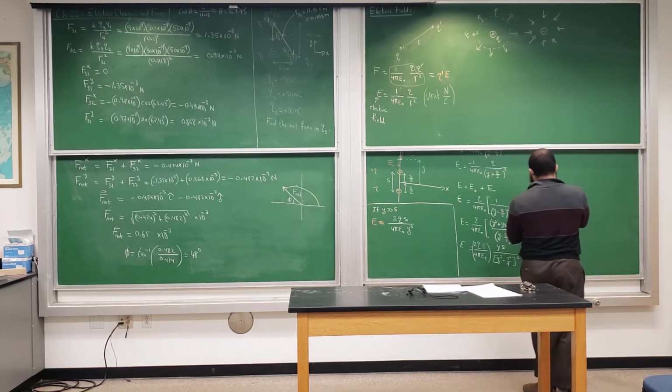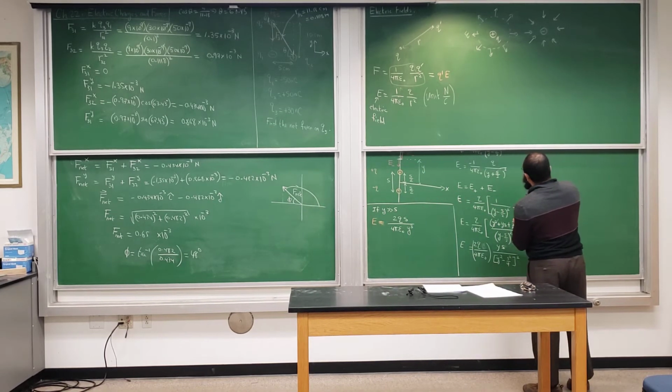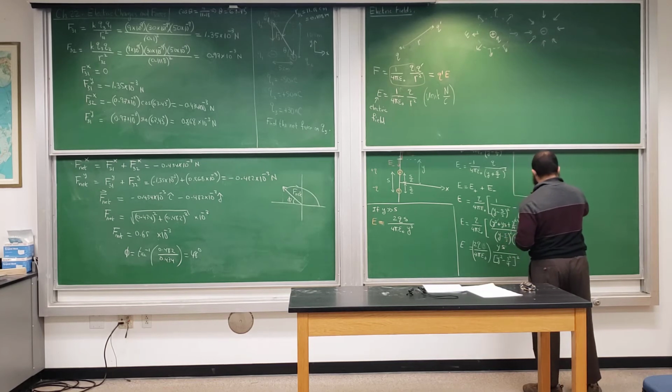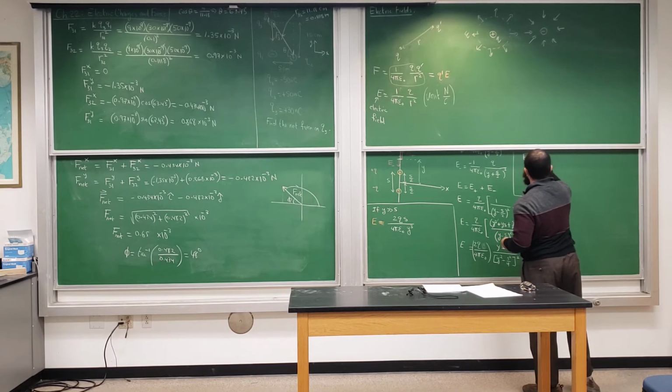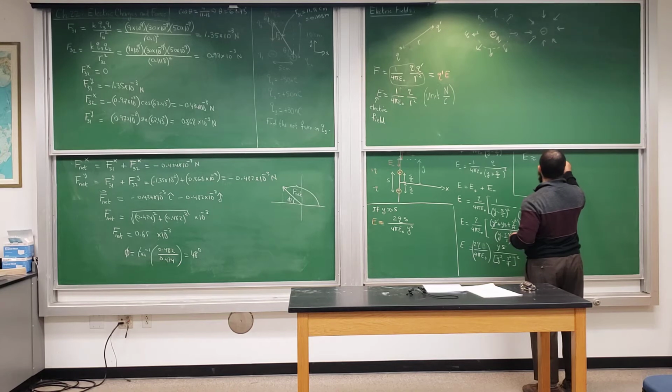Let me just write it here. So we have E is approximately equal to 2qs over 4 pi epsilon naught y cubed.